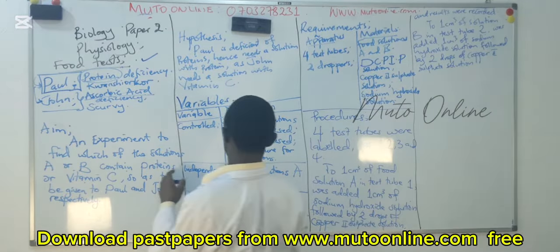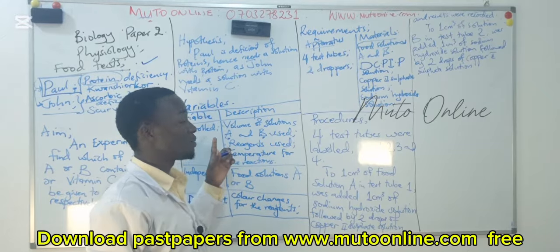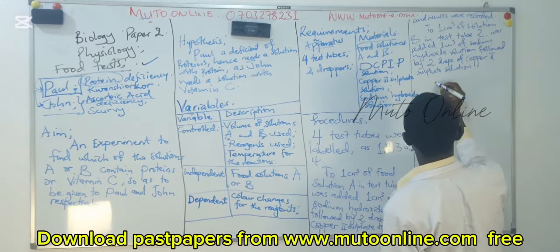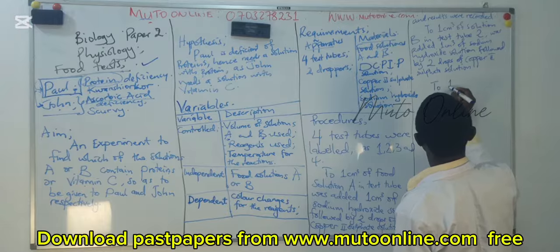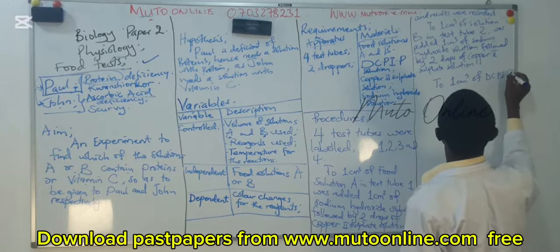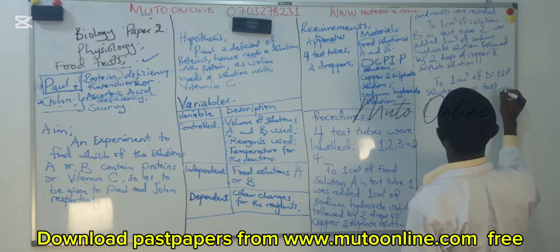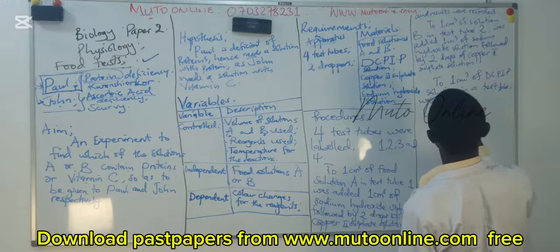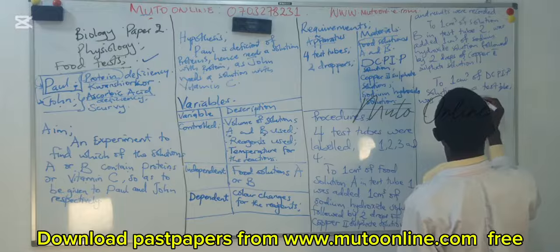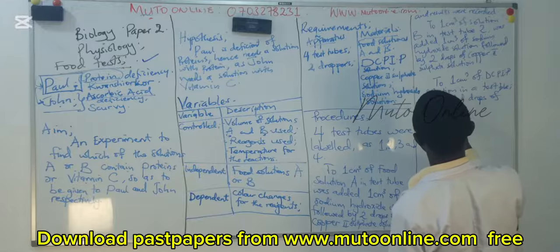And then we shall also do the same tests on A and B for vitamin C. So for vitamin C, we always say to 1 cubic centimeter of DCPIP solution in a test tube was added drop-wise drops of any solution.